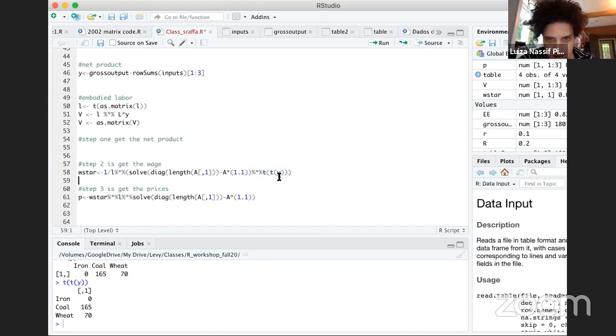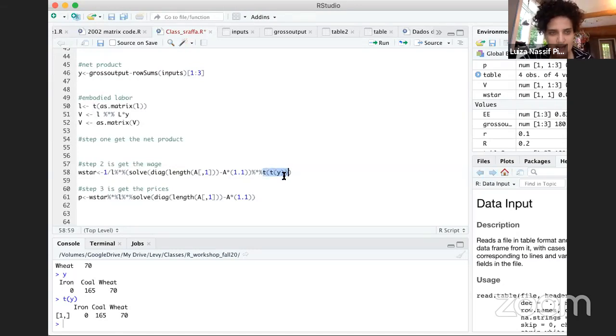Yeah, so the thing here, this is super weird. Basically the T of Y is coercing the Y into the type of object I need. And then I need to, for some reason, transpose it twice, which is super weird. There's probably an easier solution to do that. So maybe doing an as vector of Y might be better.